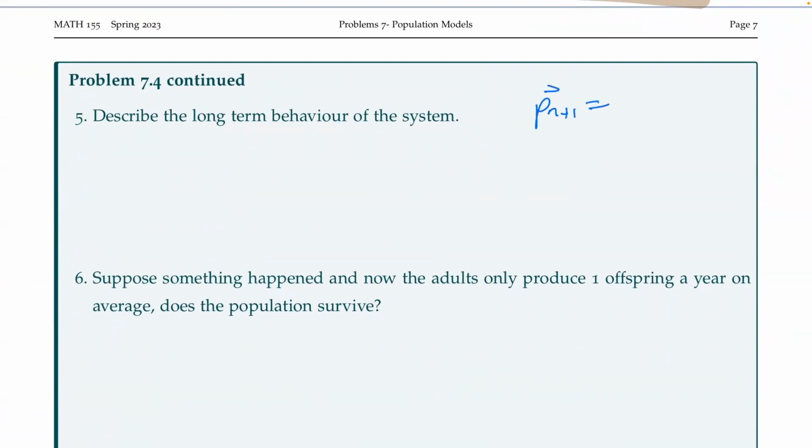So you've got your population at n plus 1. It's going to be L to the n times P0. And this is going to tend towards some constant times our dominant eigenvalue, lambda 1, to the n, times our dominant eigenvector x1, as n gets large.